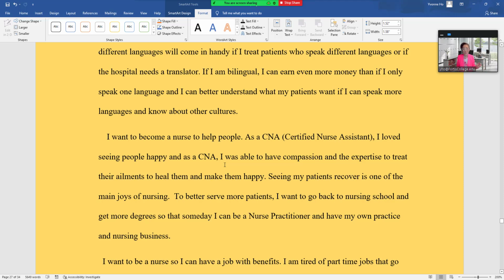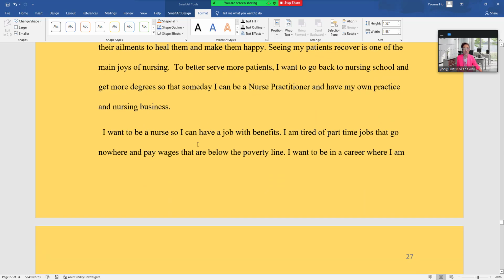So I love seeing people happy, and as a CNA, I was able to have compassion and the expertise to treat their ailments, to heal them and make them happy. Seeing my patients recover is one of the main joys of nursing. To better serve more patients, I want to go back to nursing school and get more degrees so that someday I can help even more people and become a nurse practitioner.